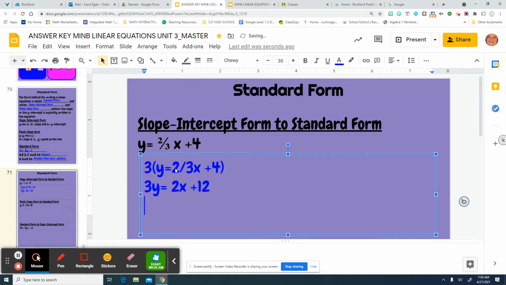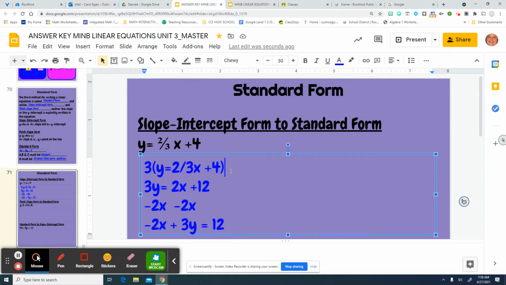So now I want to get my x and the y on the same side for standard form. So I'm going to subtract 2x from both sides, giving me negative 2x plus 3y equals 12. And you might think that you're done, but you're not, because we're not allowed to have a negative a.